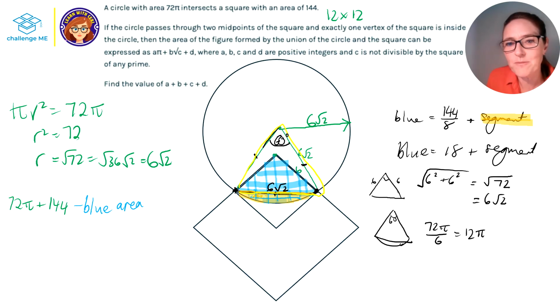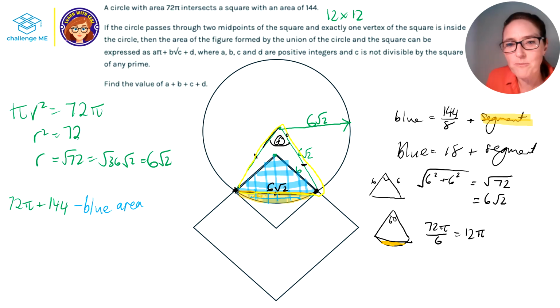But we need to subtract. We only want this orange bit, so we need to get rid of that. We need to work out the area of the triangle. We could do base times height, and we could work out the height using Pythagoras, but I'm actually going to use half AB sine C. So 12 pi is the whole thing.